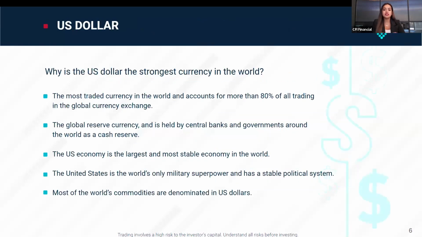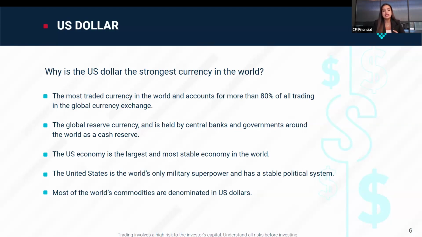Now we're going to discuss one of the most important topics, which is the US dollar. Why the US dollar is considered the strongest currency in the world. We all know that the US dollar is the most traded currency in the financial markets. 80% of the trading in the global currencies is in the US dollar.